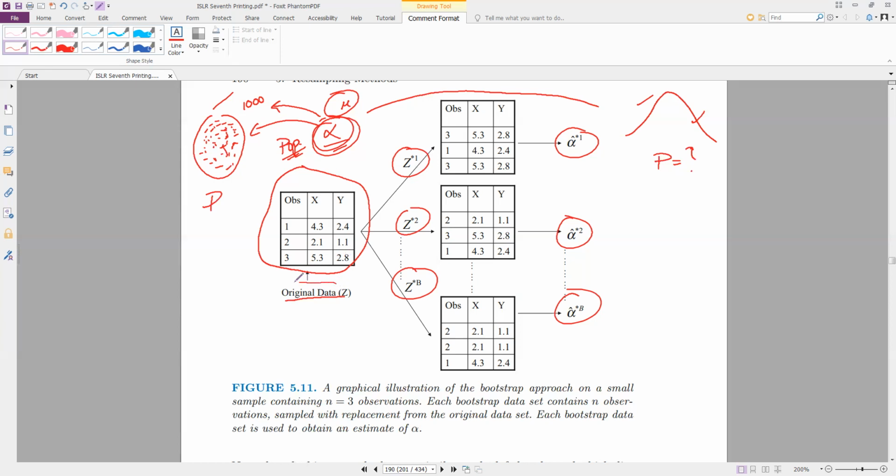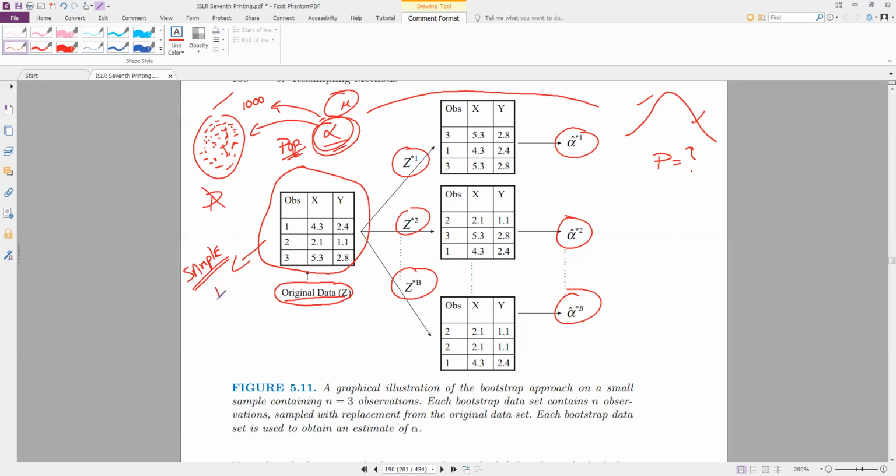What they're talking about here is that the original data is not a population. It's a sample. That's where the bootstrapping idea truly comes into vogue, because you're going to treat the sample as what? What are you actually treating the sample as, just for the sake of bootstrapping?